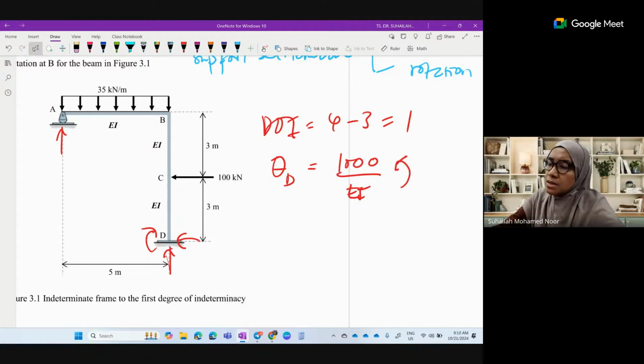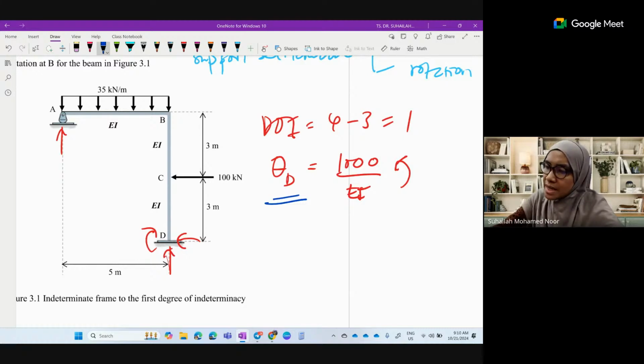One thing I want to highlight: when you are given the support settlement, the easiest way to analyze is by choosing the redundant at the same position as the settlement.